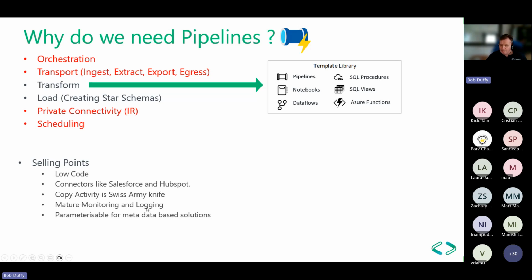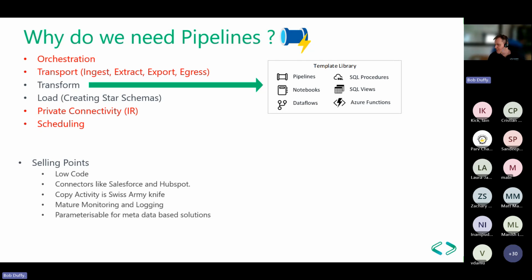Monitoring and logging is relatively mature. Fabric has it front and center, it's got a monitoring hub, and ADF has similar monitoring, and people are getting used to how that works and how they drill down to find failures. But the big selling point for ADF pipelines over SSIS is the parameterization, right?